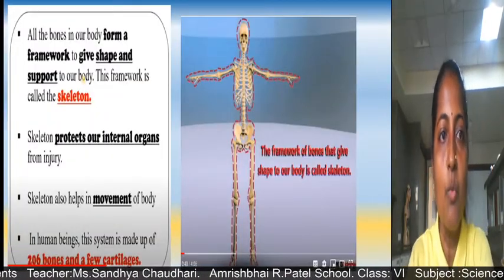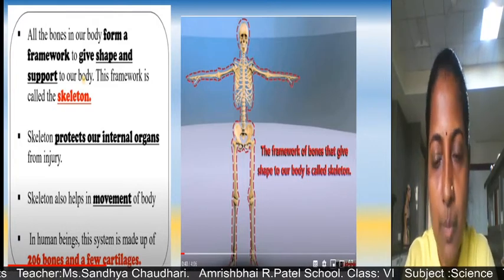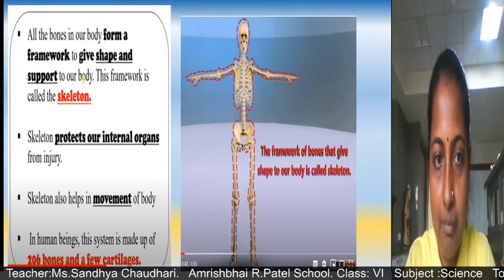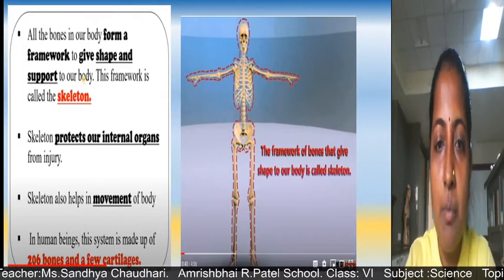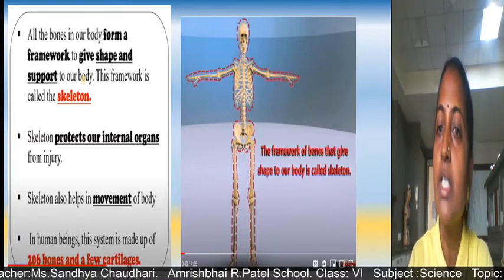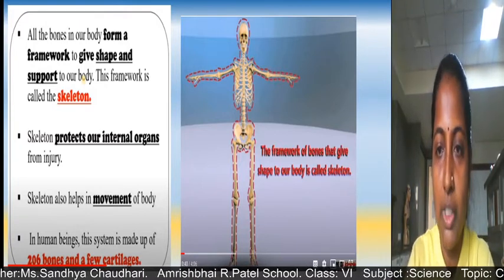All the bones in a body form a framework to give shape and support to our body, and this framework is called skeleton. The framework of bones that gives shape to our body, that is called skeleton. Skeleton protects, what is its function? Skeleton protects our internal organs from injury.